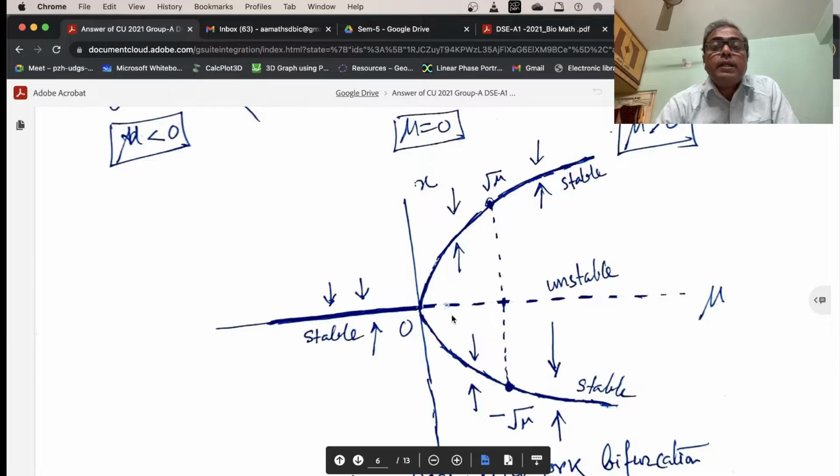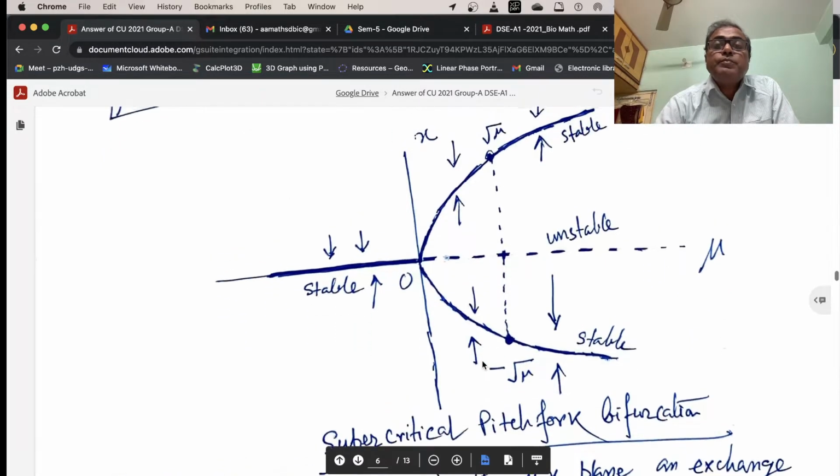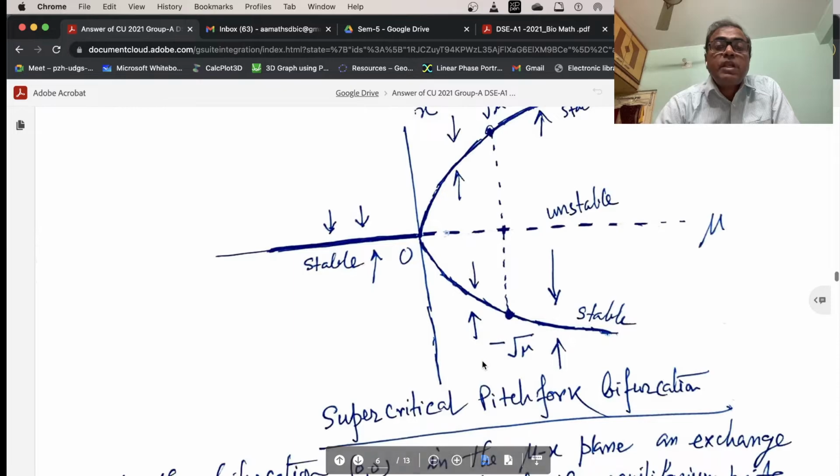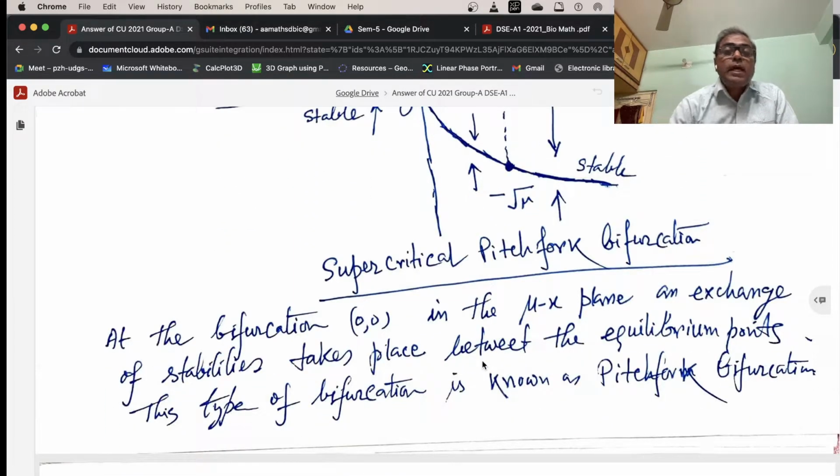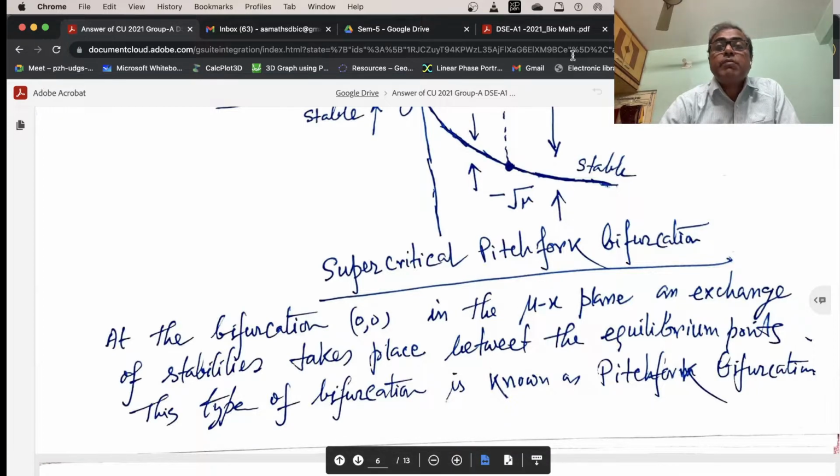After that, when mu is positive, we get two equilibrium points, root mu and minus root mu, and 0 is the unstable equilibrium point. So we draw a dashed line here, and this is the solid line for this curve. So this is the supercritical pitchfork bifurcation. An exchange of stabilities takes place between the equilibrium points. This type of bifurcation is known as pitchfork bifurcation.